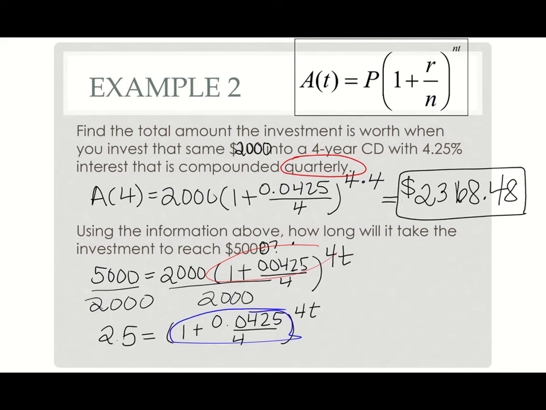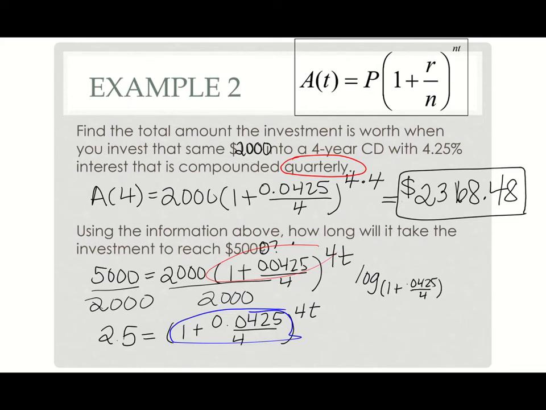So from here, since there's nothing out in front, nothing behind, I can change to a logarithm. My base of my exponential becomes the base of my log. So here I have 1 plus 0.0425 divided by 4.